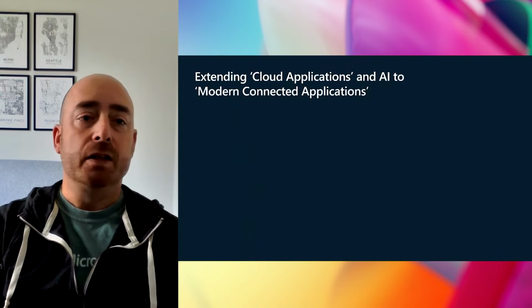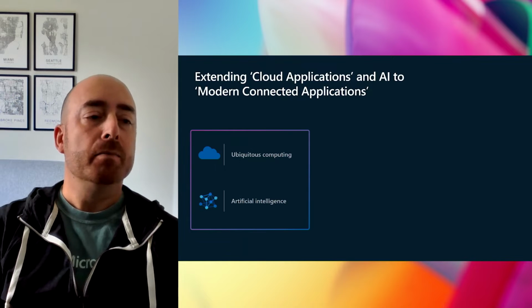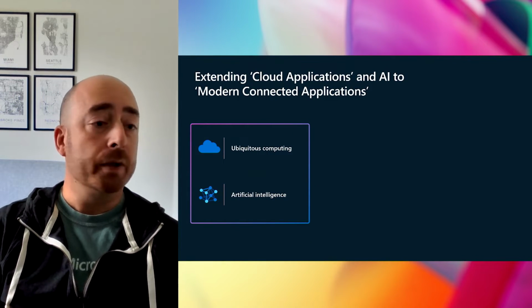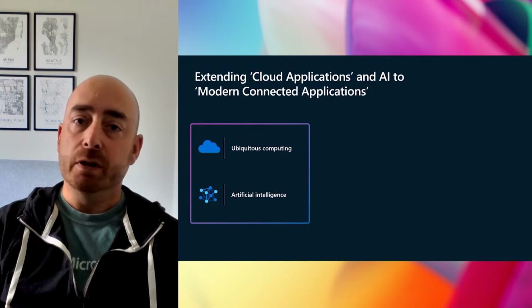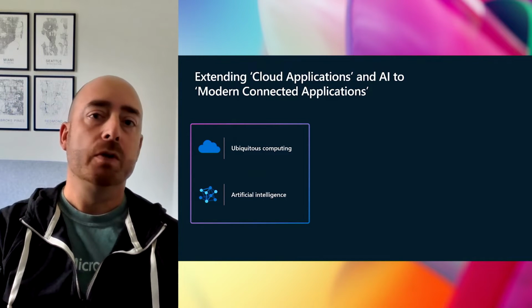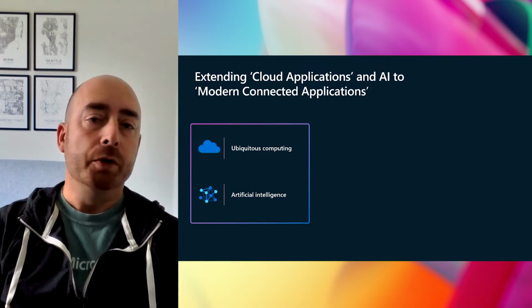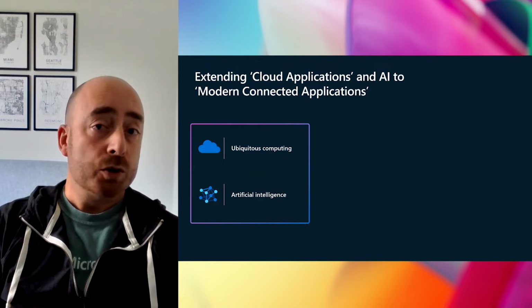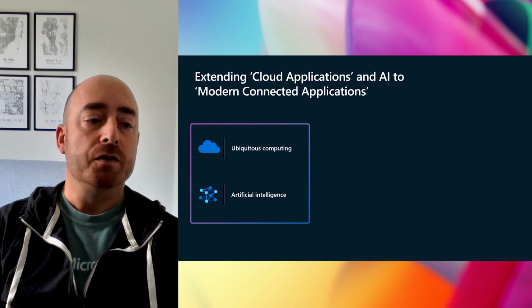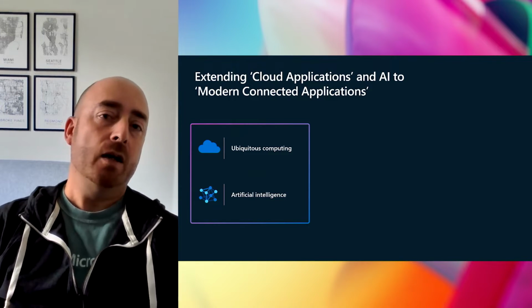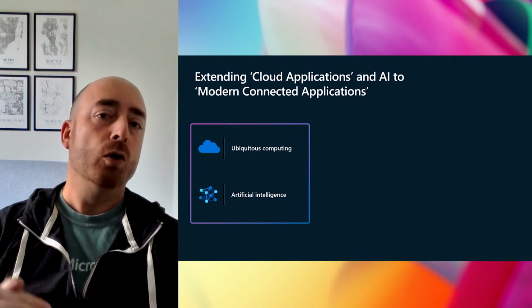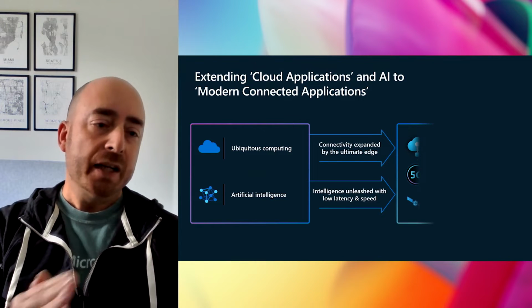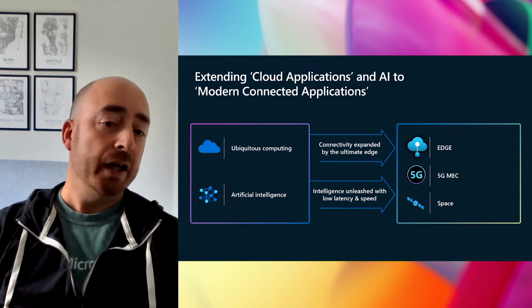Starting from scratch, nowadays Microsoft's main streams are about these two areas. It's about ubiquitous computing, so the cloud, Azure, and putting all the computing in there, and it's going to be everywhere. And then also a very strong mainstream about artificial intelligence, right? But then our organization is focusing on what we call future of the cloud. And that means extending the connectivity to the ultimate edge.